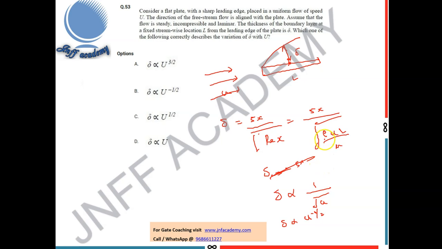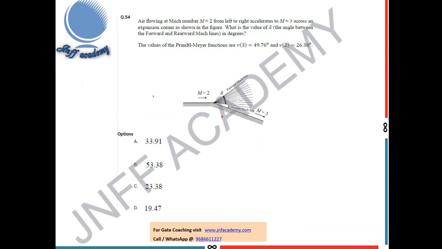They are asking the relationship between the boundary layer thickness and the free stream velocity. So it is inversely proportional to root u, which is answer B, delta proportional to u power minus 1 by 2. Okay, very straightforward question, also one of the easy questions, I would say.